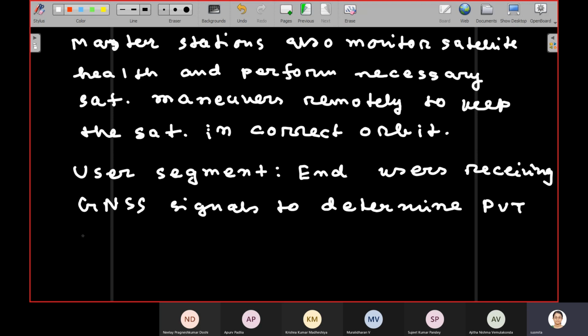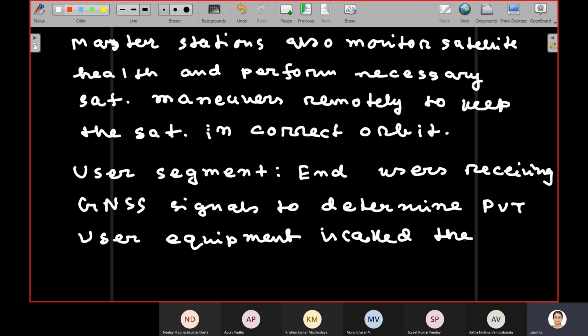And the equipment that the user uses for this purpose is called a receiver. Okay, we'll discuss more about the receiver later.